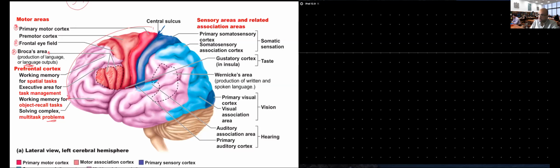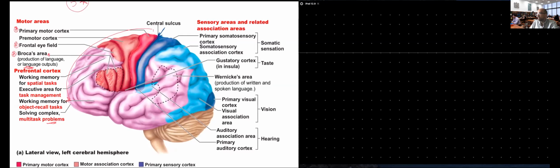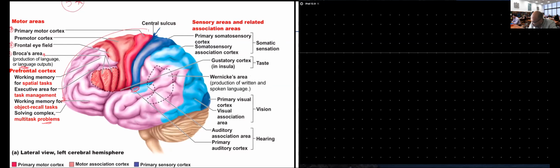Looking posterior to the gustatory cortex, we've got the primary auditory cortex and the auditory association area that is going to be located around it. So this is my primary auditory cortex, and this is the auditory association area.